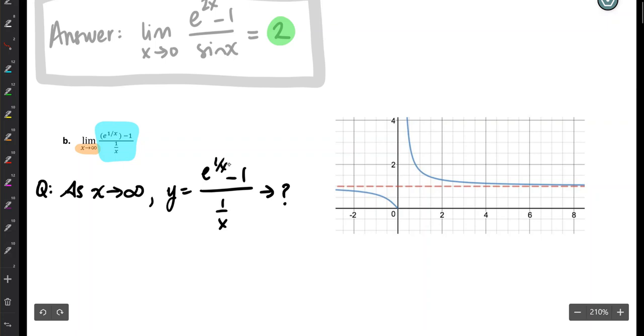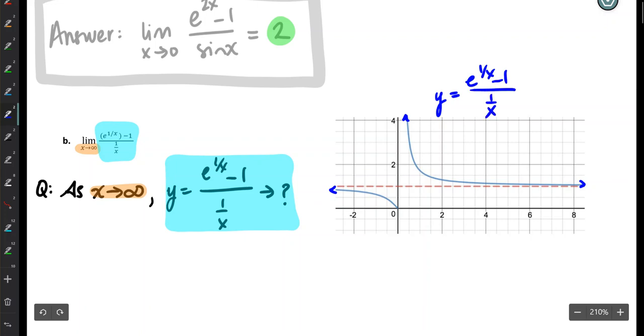Where are those y values going? And the graph that we have here is, in fact, that blue function.